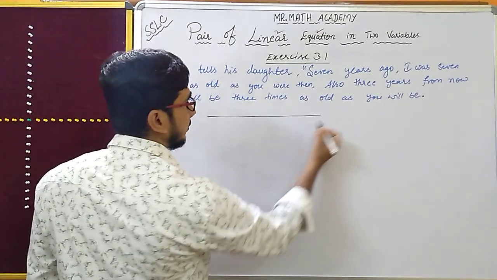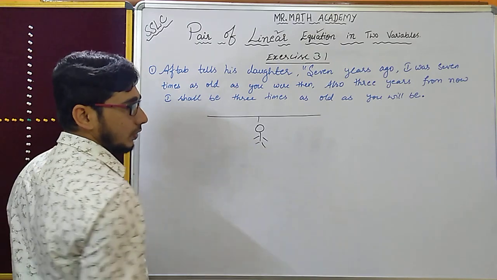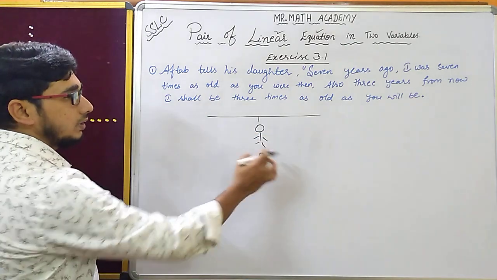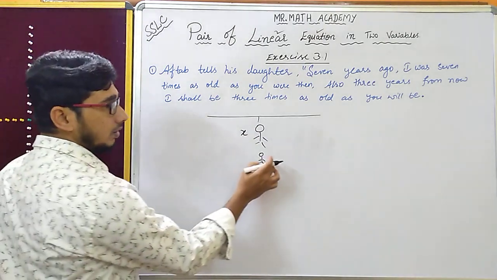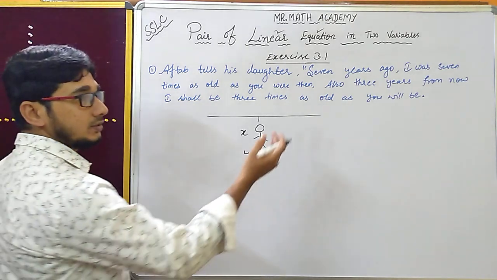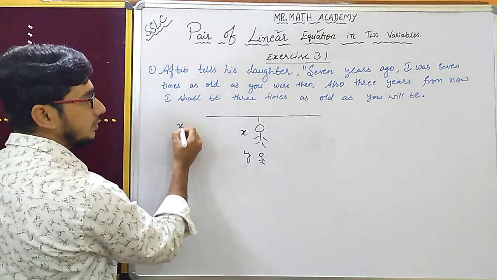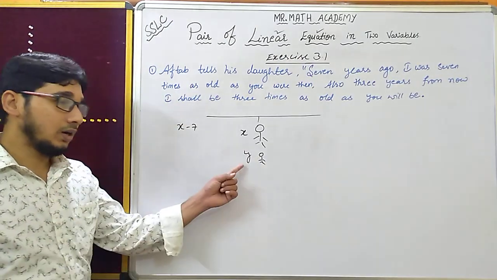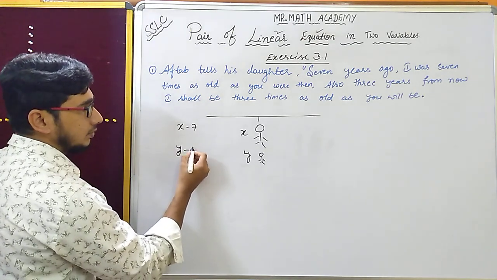Consider a line first. This is Aftab, and this is the daughter. Now let Aftab's age be X and his daughter's age be Y. 7 years ago means behind: X minus 7. 7 years before, for the father it is 7 years less, and for the daughter also 7 years less: Y minus 7.